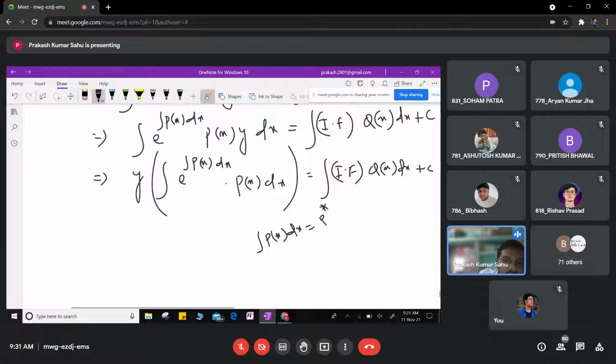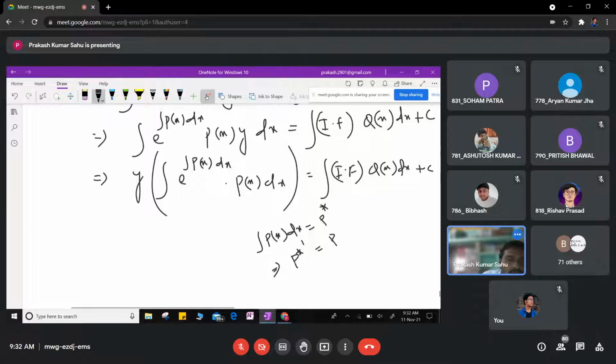So we can say if integration of p is equal to p star, so derivative of p star is equal to p, is it correct? Yes sir. Okay, derivative of p star is equal to p.